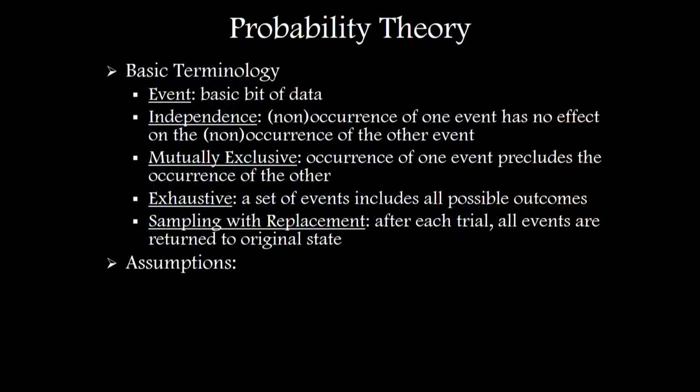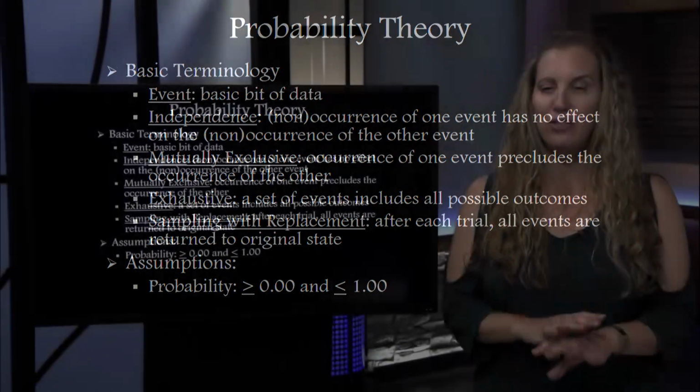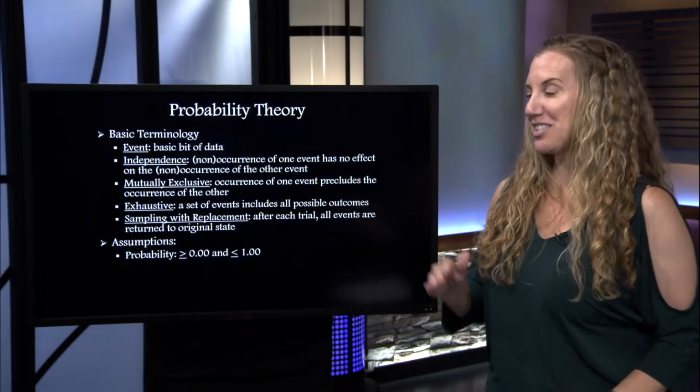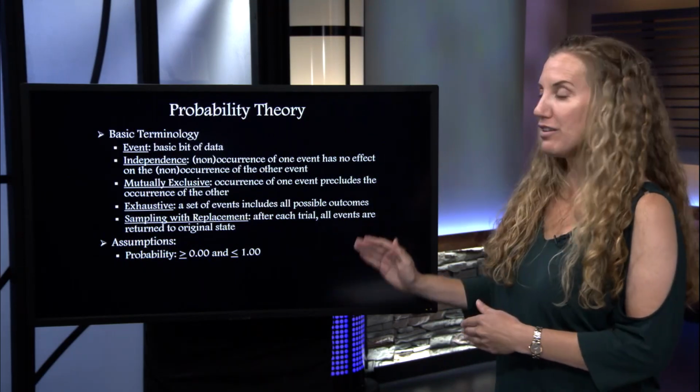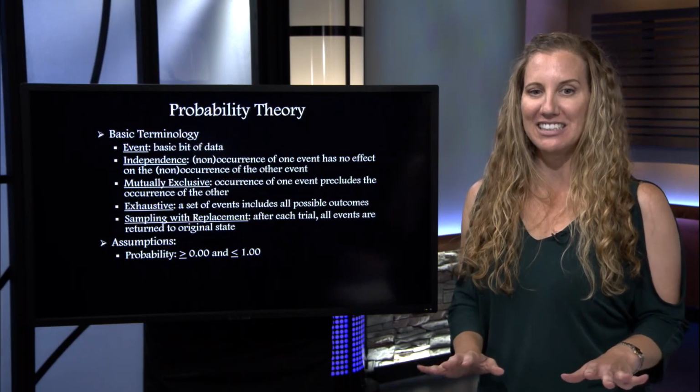The first is that our probability values will always be greater than or equal to 0 and less than or equal to 1. When we're calculating probabilities, it will always be between 0 and 1. If you calculate a probability and you get something that's negative, or if you calculate a probability and it's greater than 1, then you have miscalculated.